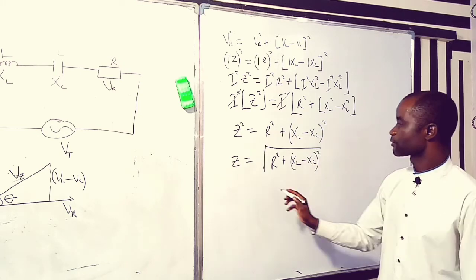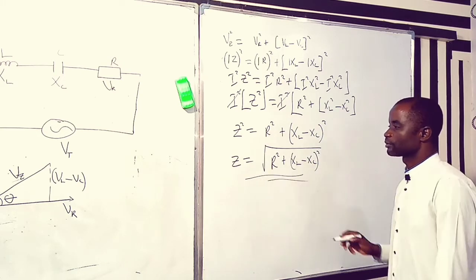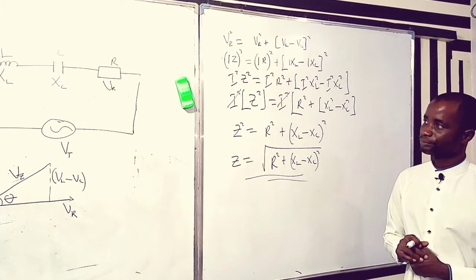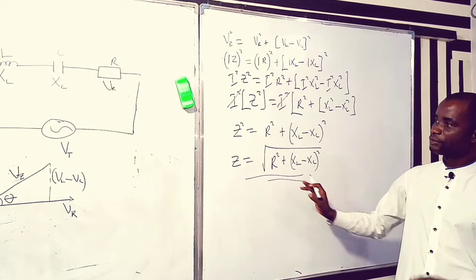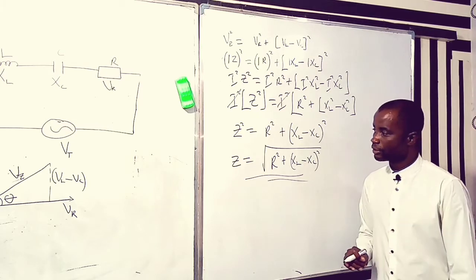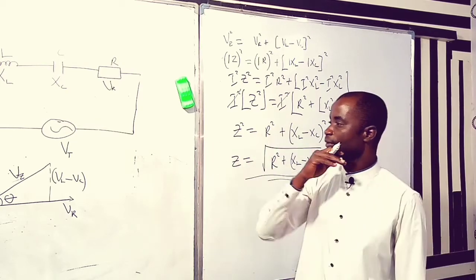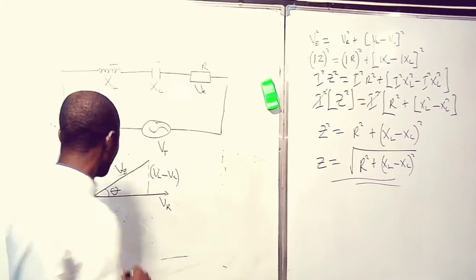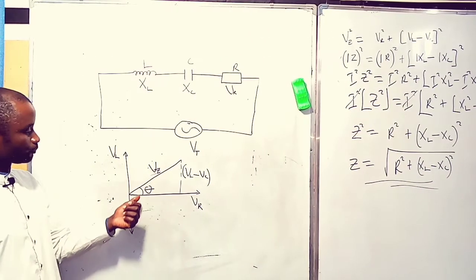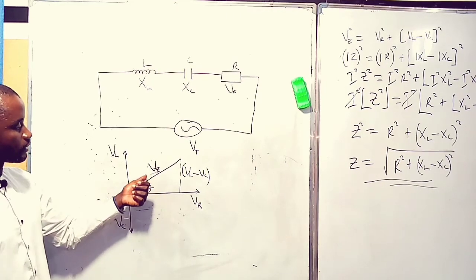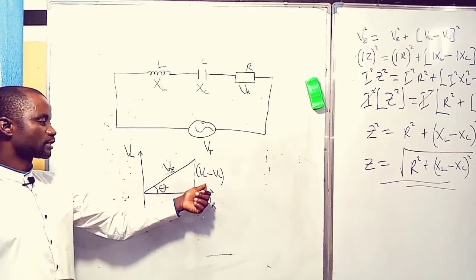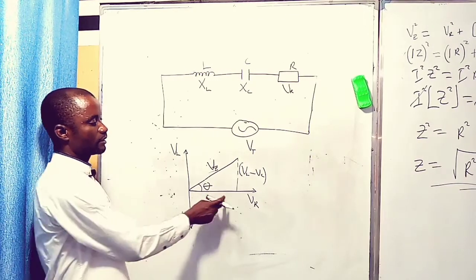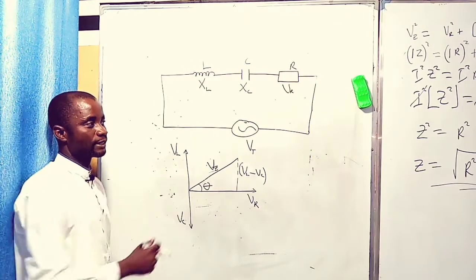That's the formula used to calculate total resistance in LCR circuits. Now from this angle, let's look at the phase angle. Since from this diagram we have the hypotenuse, opposite and adjacent, let's consider the opposite and adjacent together.